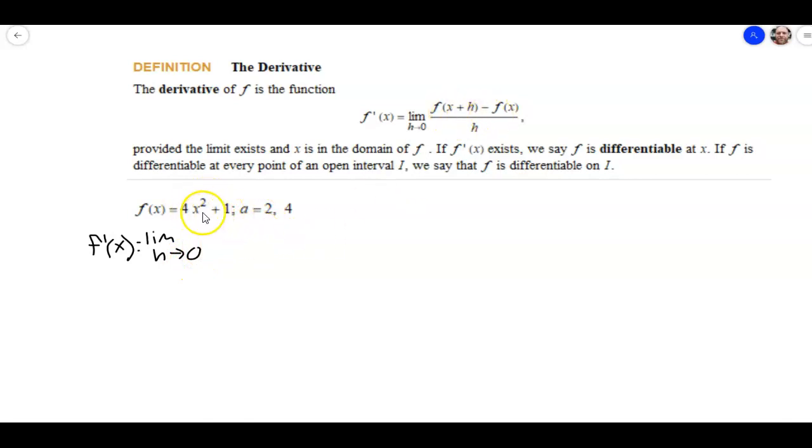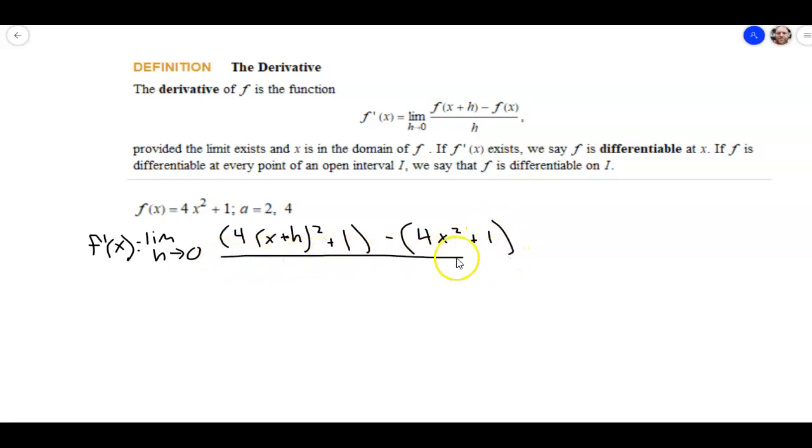That means we're just going to replace this function with x plus h. So that's going to be 4 times (x plus h) squared plus 1, and then minus f of x, so that's just the function there, minus (4x squared plus 1), all over h.